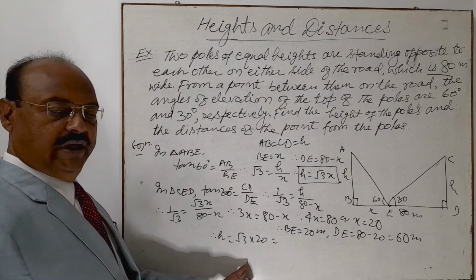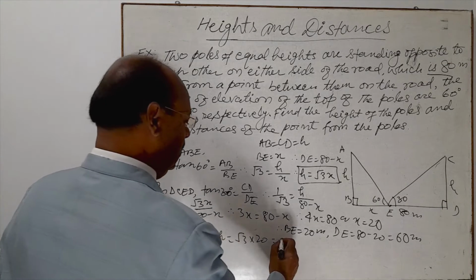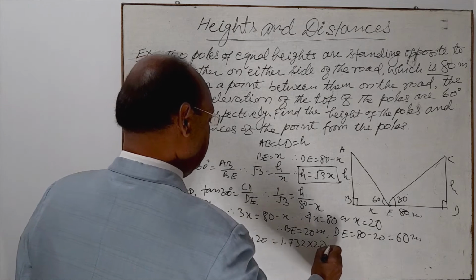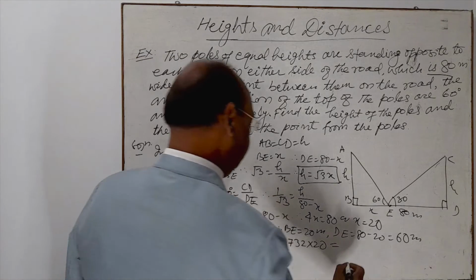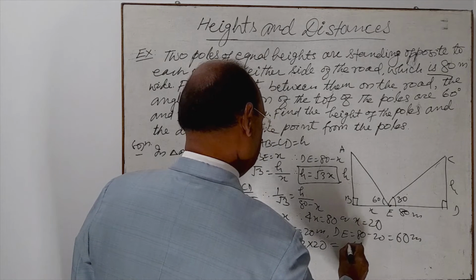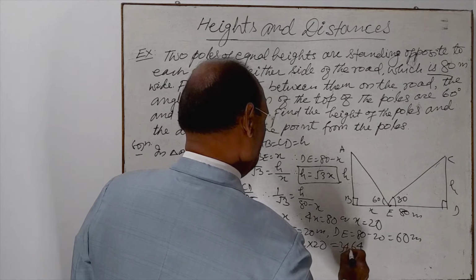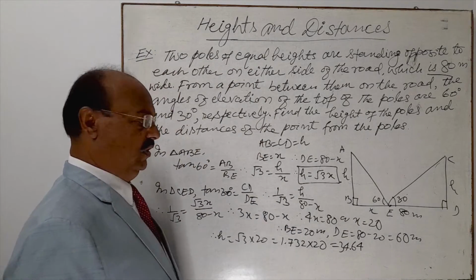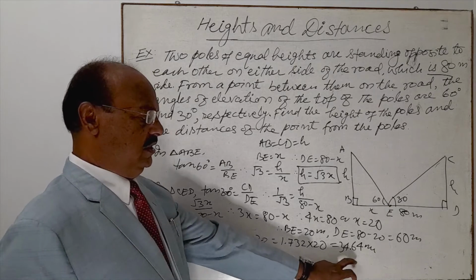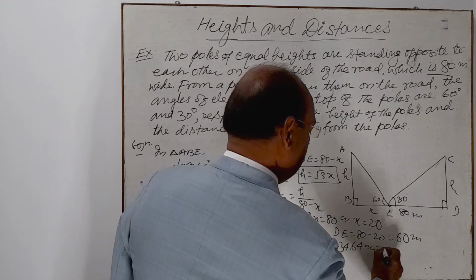You know, root 3 is 1.732. So 1.732 into 20, and this is equal to 34.64 meter. This is height of the pole.